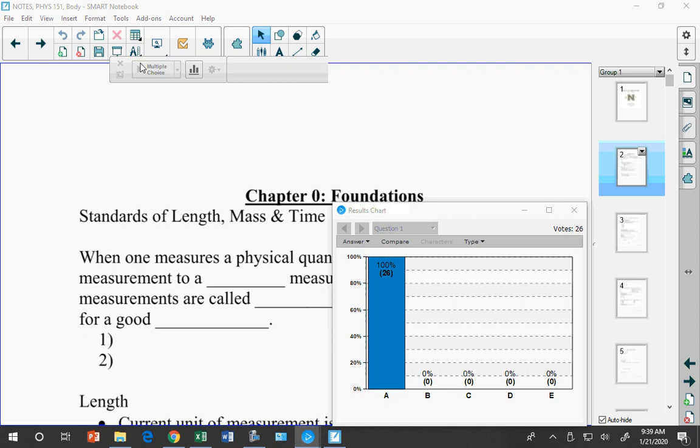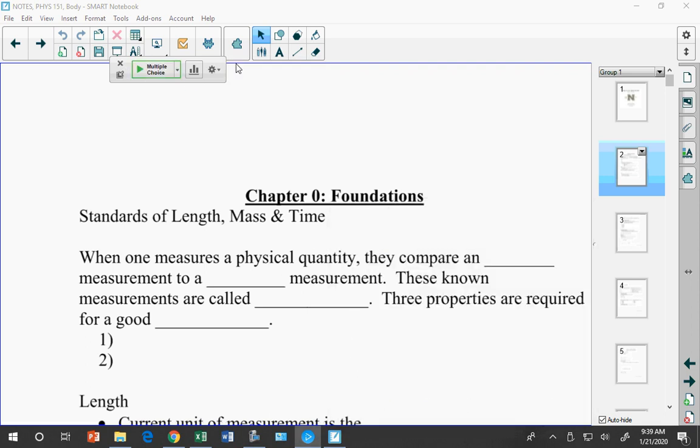I'm going to stop this. All right. So this first chapter is on standards.